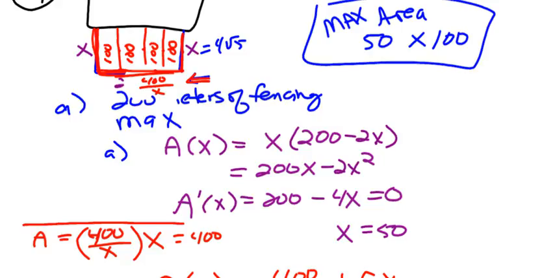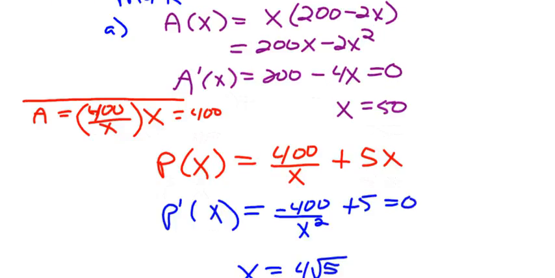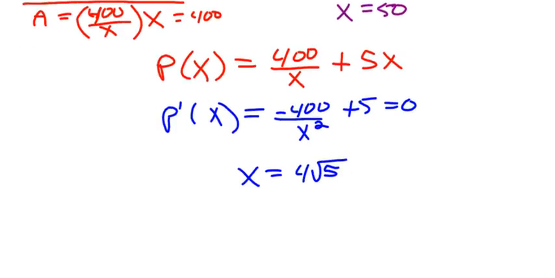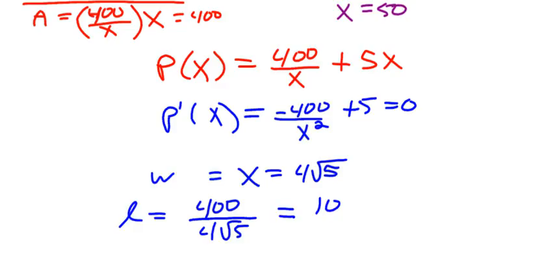And then if that's the case, I still have to find this dimension, which we're going to plug that x value into. So I have that. And then I'm going to say I have the 400 over x. For the other dimension, we'll call this width, and we'll call this length. That might be easier. And then I'm going to simplify this, and I am going to rationalize it.